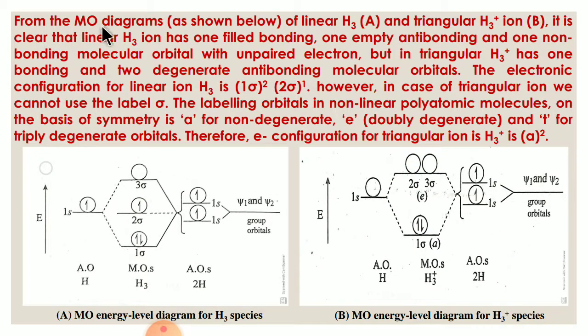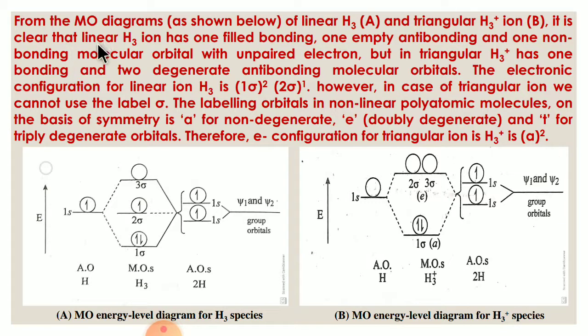From the molecular orbital diagrams shown below of linear H3, that is the molecular energy level diagram A for the H3 species, and another for the triangular H3 plus ion, B, here is the B molecular orbital energy diagram for the H3 plus species.